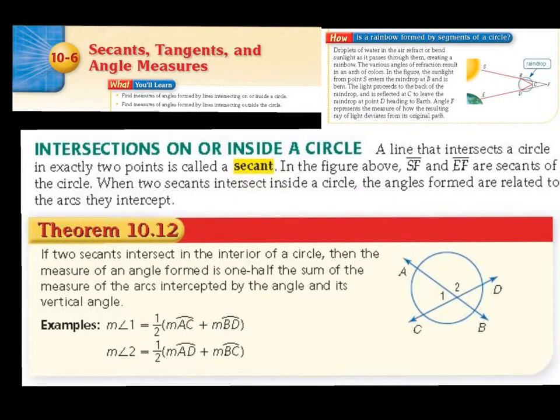If two secants intersect in the interior of a circle, then the measure of an angle formed is 1/2 the sum of the measures of the arcs intercepted by the angle and its vertical angle. So the measure of angle 1 equals 1/2 the sum of arc AC plus arc BD, and the measure of angle 2 equals 1/2 the sum of arc AD and arc BC.